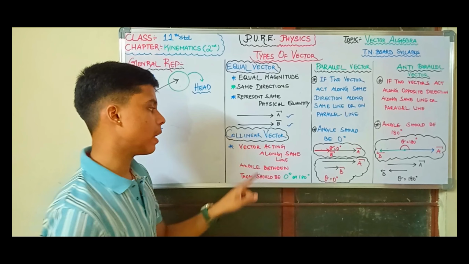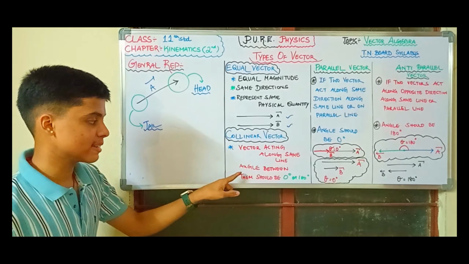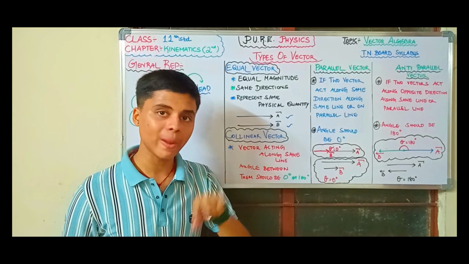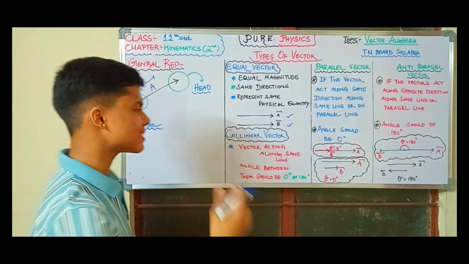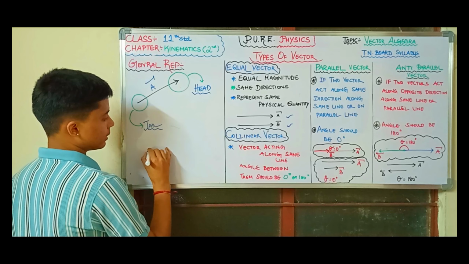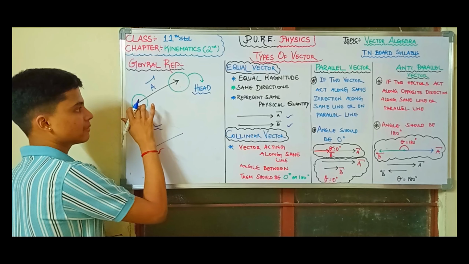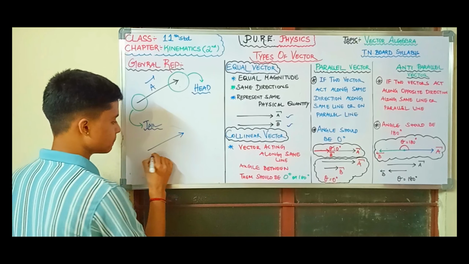Vectors acting along the same line are called collinear vectors, that is, the angle between the two vectors should be either 0 or 180 degrees. What is this angle between two vectors? Now you know that this is the tail part of the vector and this is the head part of the vector. Let me take two vectors.